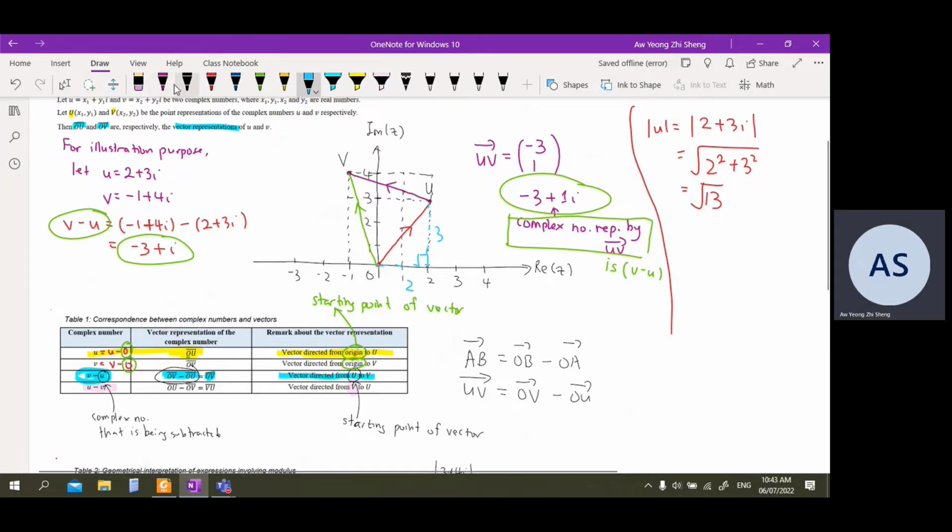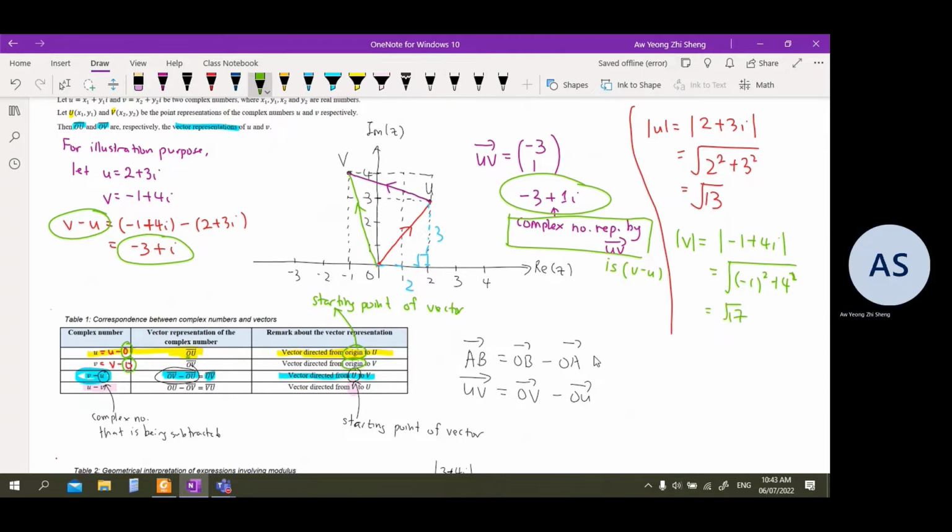And similarly, the length of your vector OV, which is the green colored vector: if you calculate the modulus of V using the formula we learned earlier, it will be the modulus of minus 1 plus 4i, which is the square root of minus 1 squared plus 4 squared, and you will get square root 17.